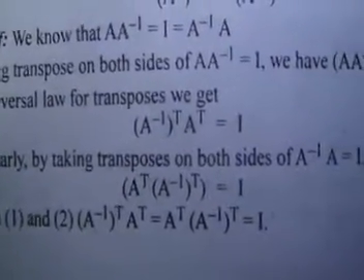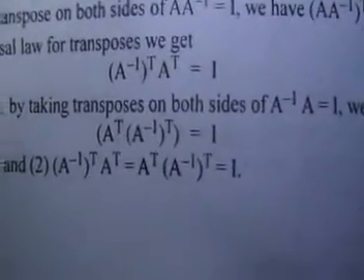From 1 and 2, this one and this one, right? A inverse whole transpose into A transpose equals A transpose into A inverse whole transpose, which is equivalent to the identity matrix. Do you remember how we came across that?